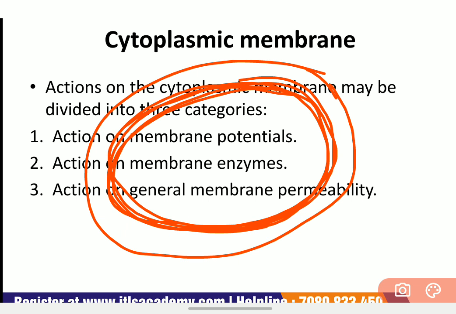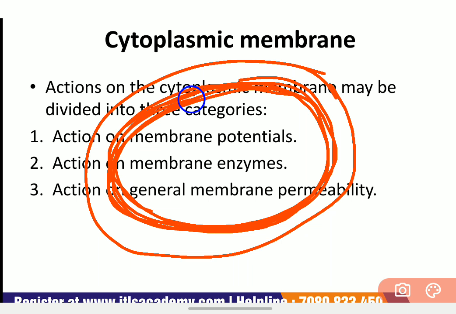As we know, the cell wall is not permeable; it only allows exchange of gases and water, but the cytoplasmic membrane is semi-permeable in nature. It allows passage of many molecules, micromolecules that are required for the growth and survival of the cell.